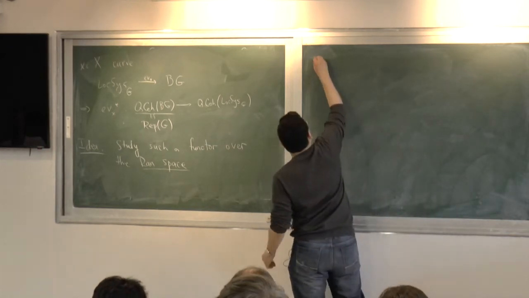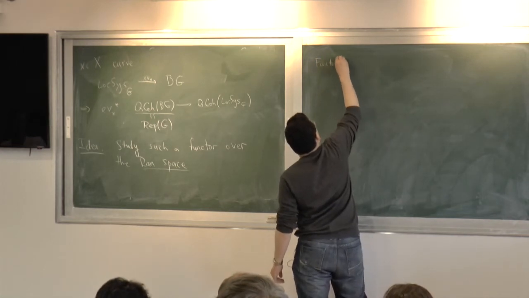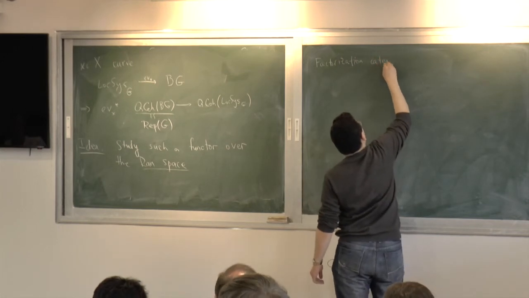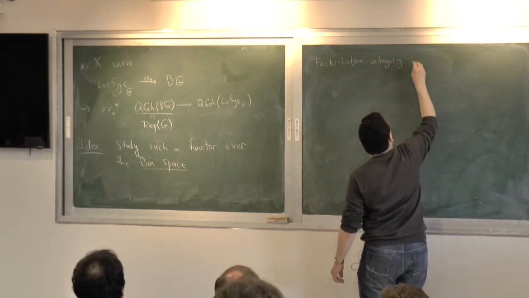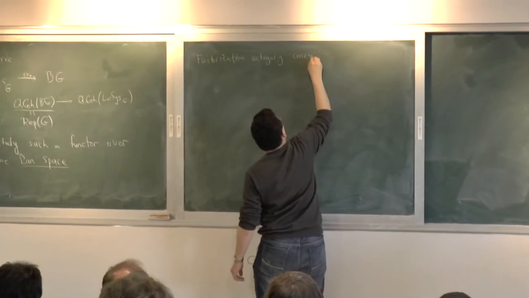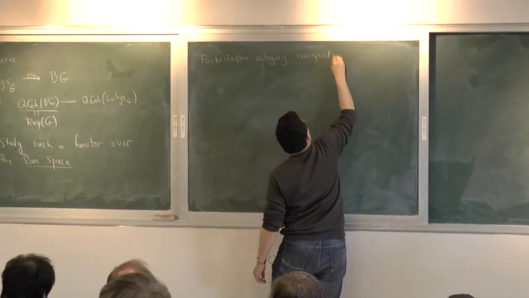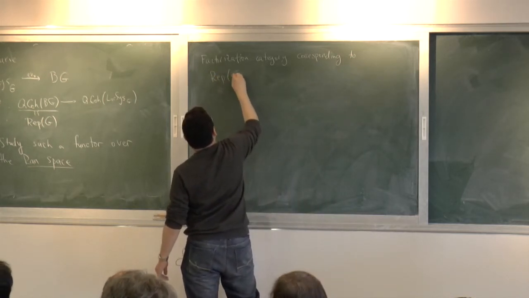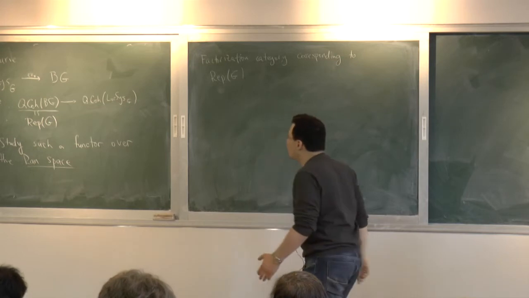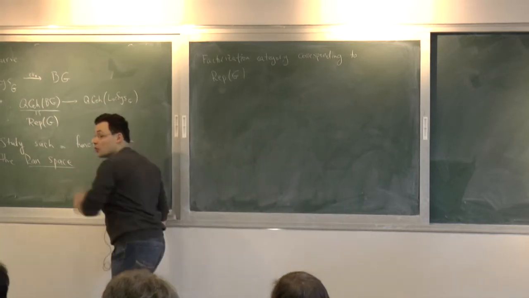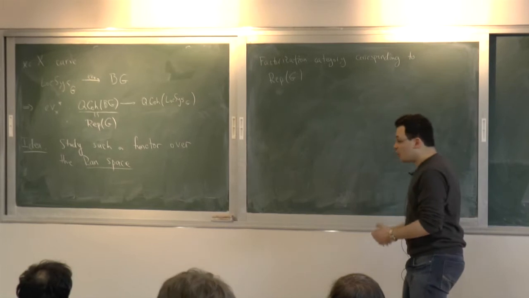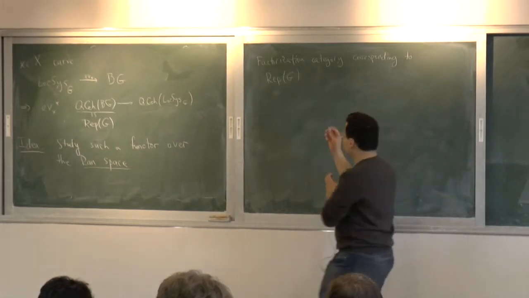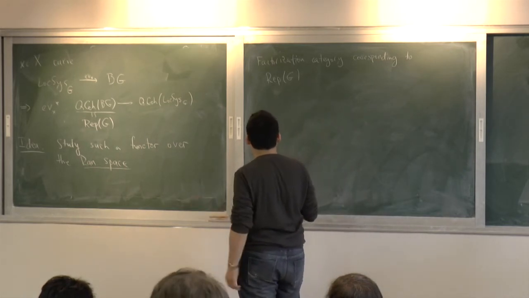So we have the factorization category corresponding to representations of G. For the purposes of this talk, because we're studying various functors between quasi-coherent sheaves, it will be extremely convenient to describe this category in geometric terms, as itself quasi-coherent sheaves on something. And we've already seen how to do that.